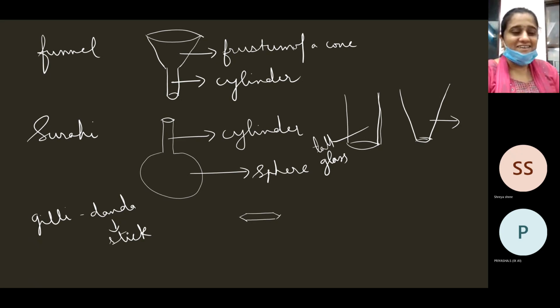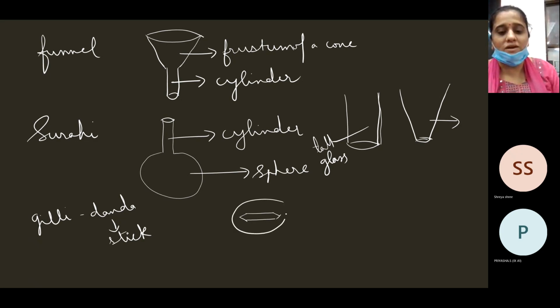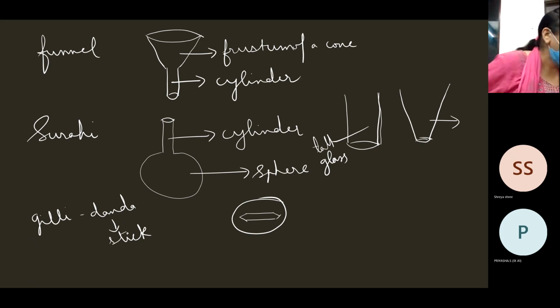So that's a combination of a cylinder with conical ends. Two cones and one cylinder. This is a small one. The danda is a long stick which is cylindrical. Okay, so this is the gilli.